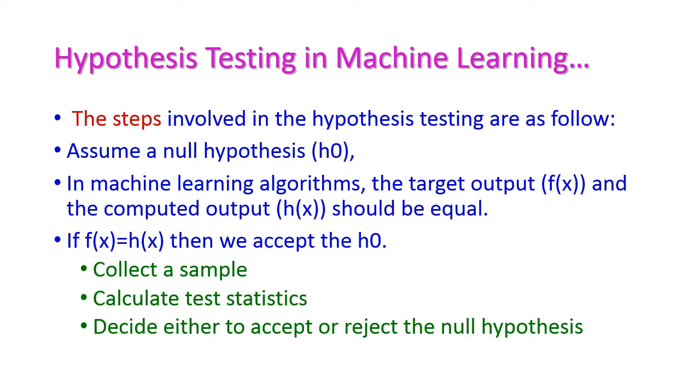Next, let us see the steps involved in the hypothesis testing. Before this, we have to assume a null hypothesis which indicates H naught. This is the expected output of a problem or module. Okay, expected output. And next one, in any machine learning algorithm, the target output, which is f of x, and the computed output, which is h of x, should be equal. Here x indicates a single record in the sample data set.